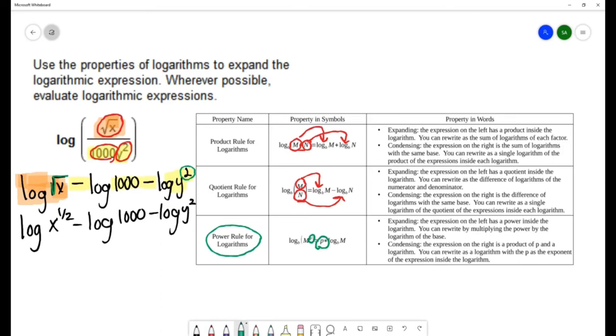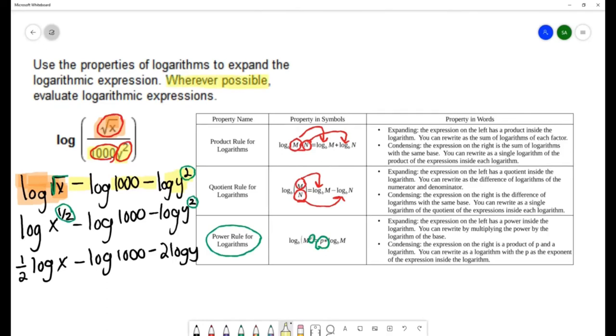And with those powers, a power of 2 and a power of 1/2, we're going to apply the power rule and write this as the coefficient 1/2 log of x minus log of 1000 minus 2 log of y. And you'll notice one more thing that we can do in this sentence here.